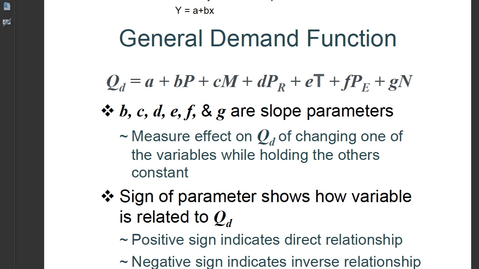So, what is a slope? How do we interpret slope? We need to take a moment.